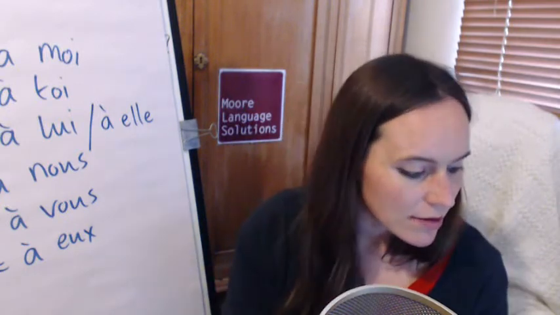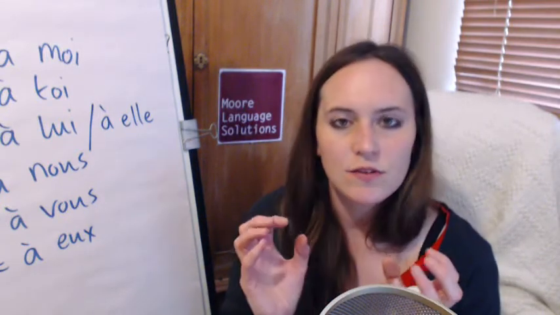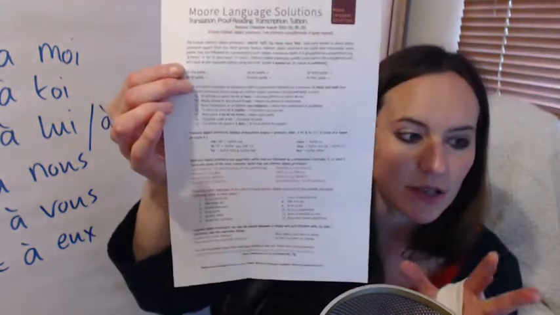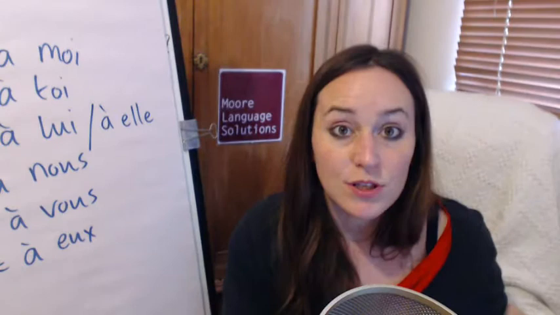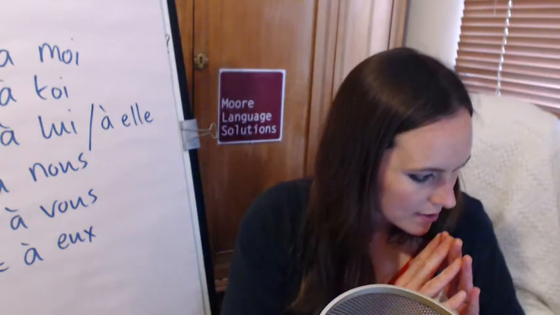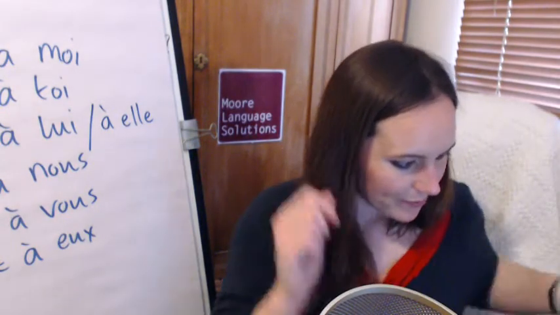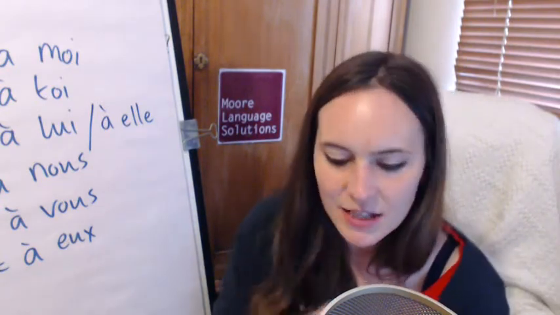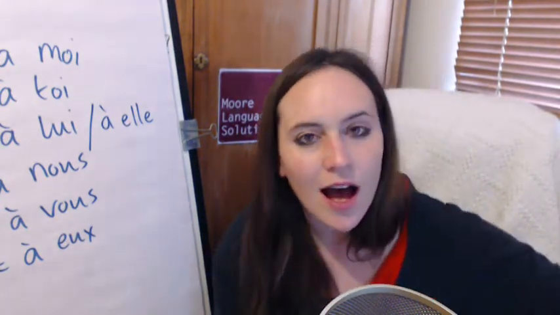Écoutez. Here are some examples, and these are actually on your handout. So I'll go through some of the random examples and then I'll write down the shortened form. Christine parle à toi.